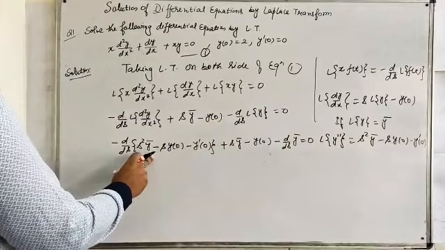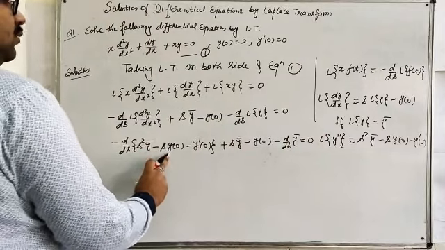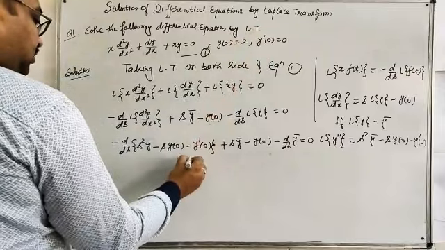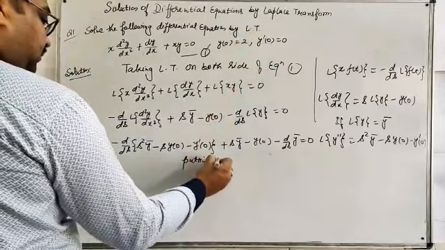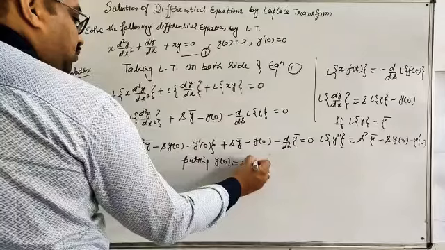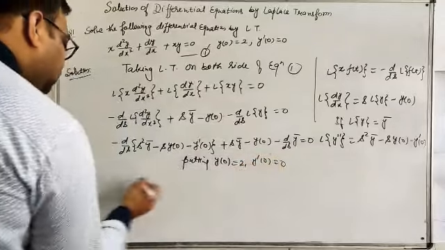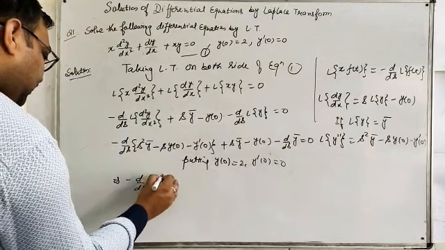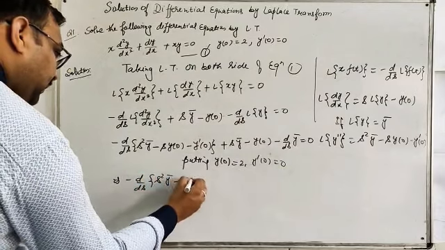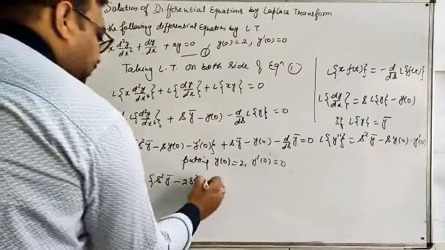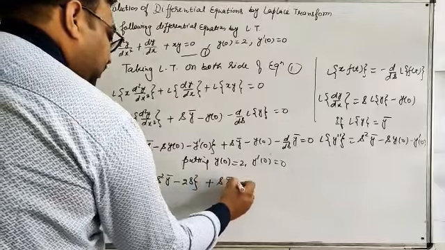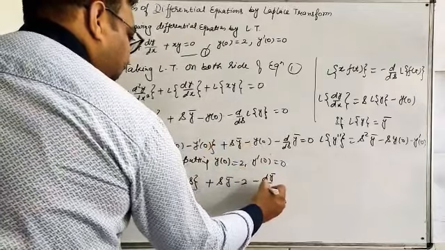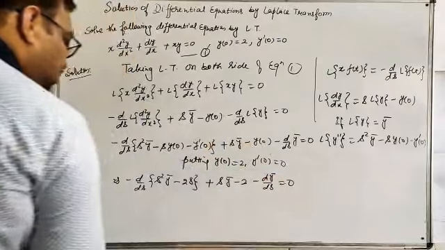Now before differentiating, we have to put y(0) equals 2 and y'(0) equals 0. Putting these values, we get minus d upon ds of s square y bar minus 2s, plus s y bar minus 2, and minus dy bar over ds equals 0.